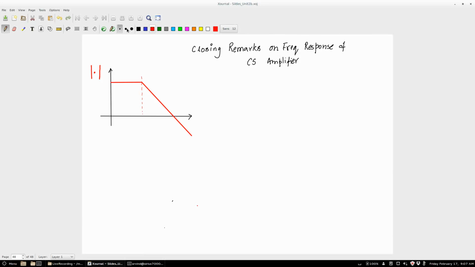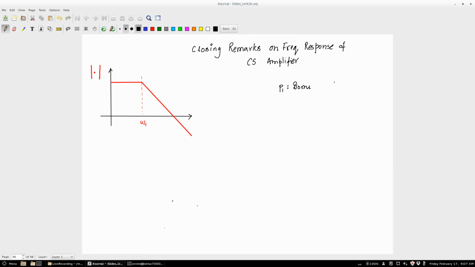So what am I plotting here? I am plotting here the amplitude, right? So I hope you get what I am plotting. That's the magnitude plot. Okay, and as I mentioned, this one is your omega 1. So there's a terminology for this. Omega 1 comes from which one?